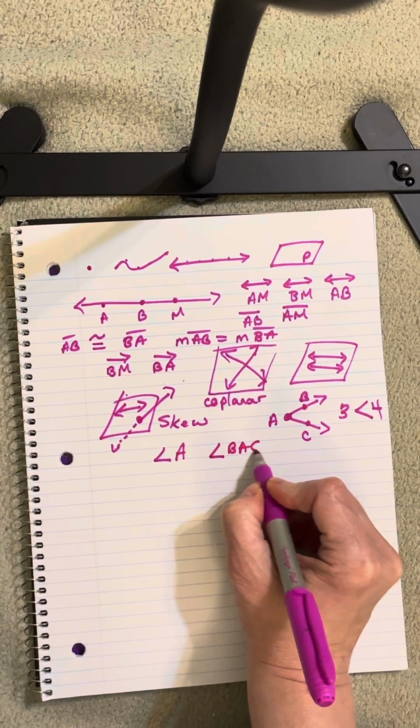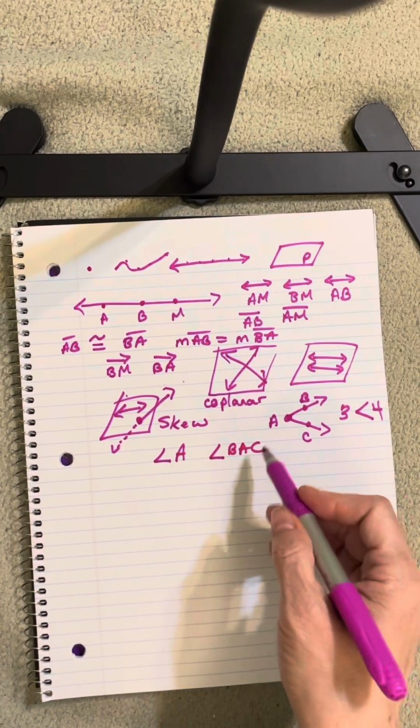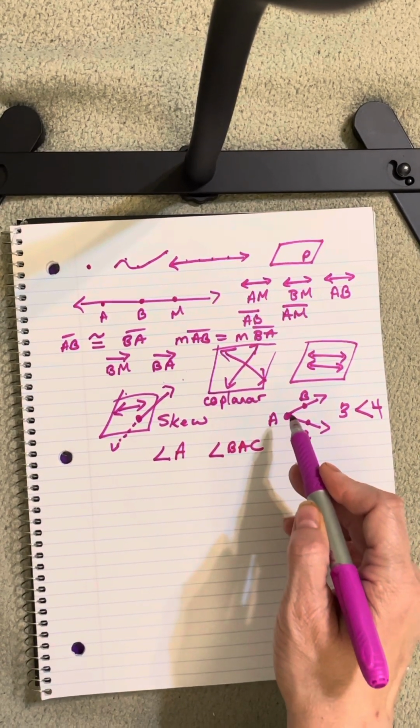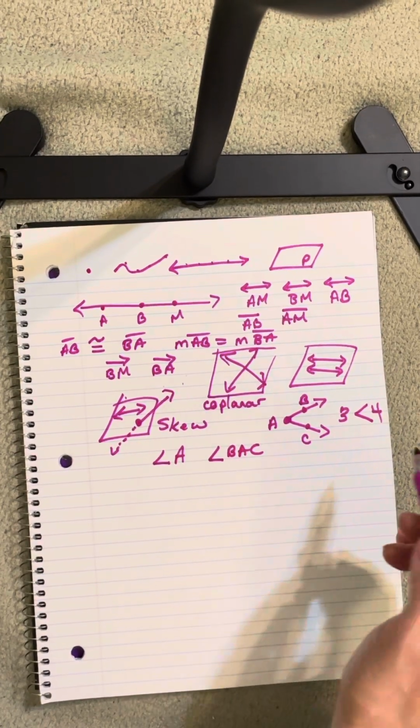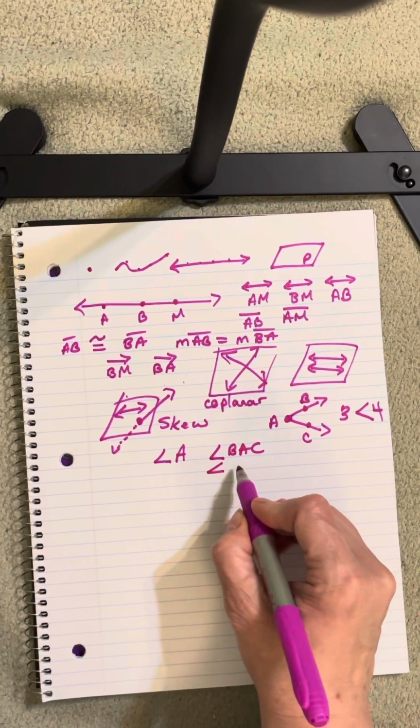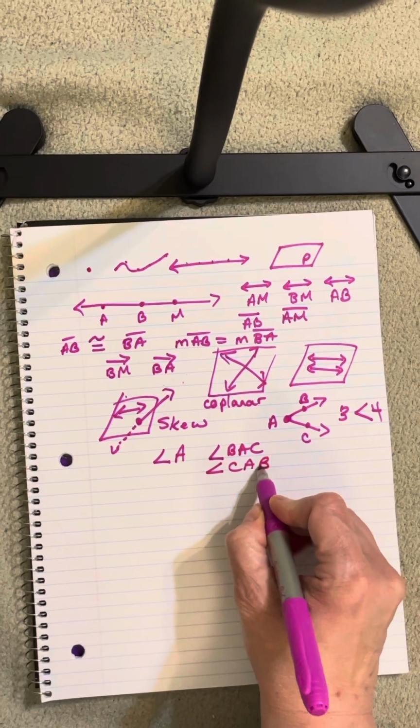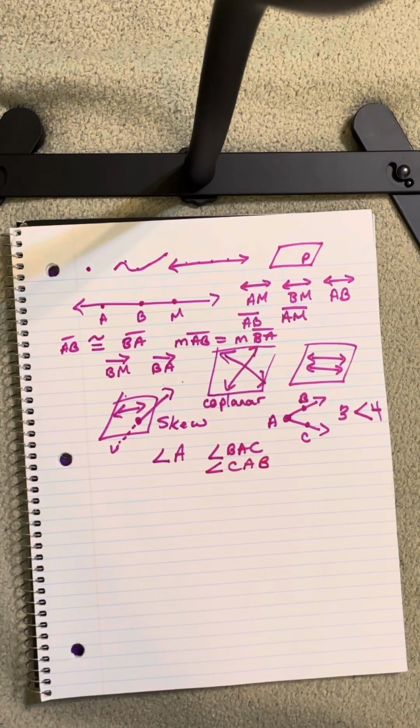I can use 3 letters. The critical point here is that the vertex point, shared point, needs to be in the middle of the letters. So I could also say that this is angle CAB. That's how I can name the angles.